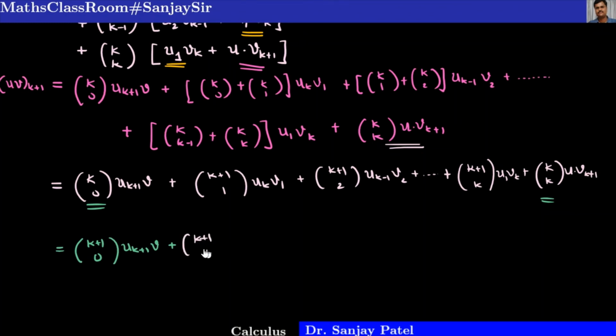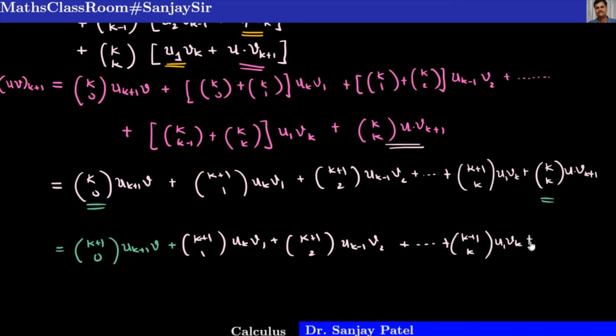So there is no change here: k plus 1 C1 u^k into v1, plus k plus 1 C2 u^(k-1) into v2, plus and so on, plus the last but one term k plus 1 Ck, u1 into vk, plus for this last term kCk is 1, which I am replacing by k plus 1 C(k+1) into u into v(k+1).